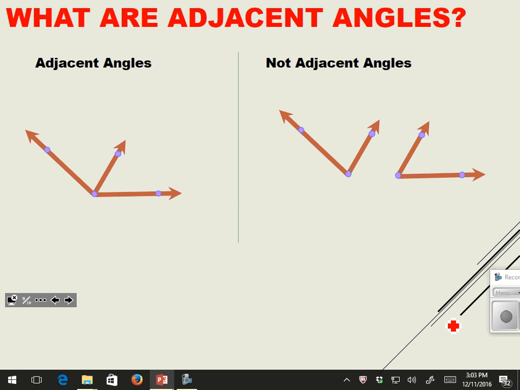So let's look at the next slide where it says adjacent angles. Let's compare the two images given to me right here. On the left-hand side, illustrates adjacent angles. On the right-hand side, it doesn't. So what are adjacent angles?